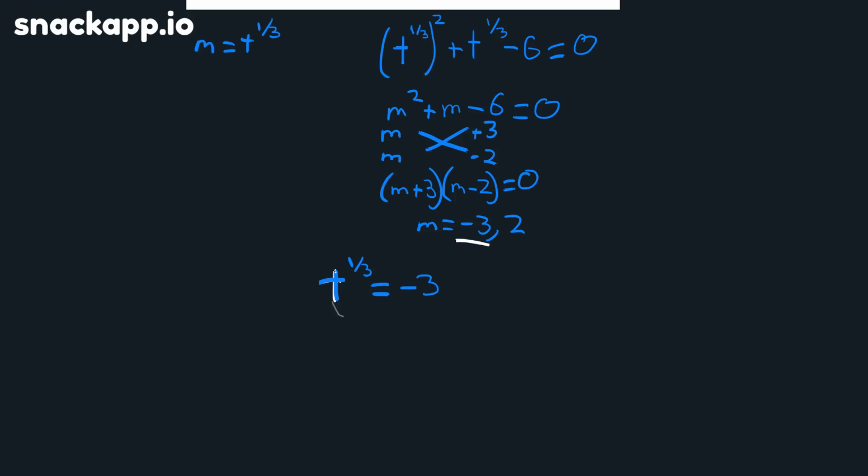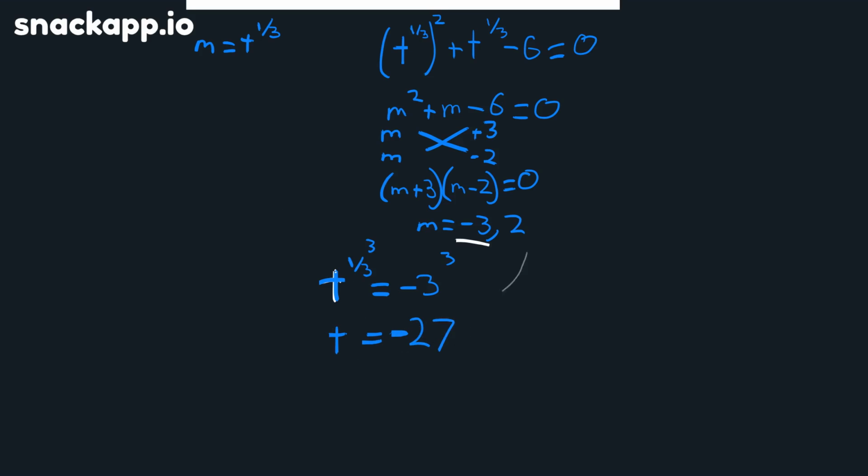What we can do is cube both sides, put it to the power of 3. That's just going to become t. And this here, 3 cubed, pretty sure that's just 27. And we keep the negative because odd powers don't do anything to the negative. So t is equal to -27.